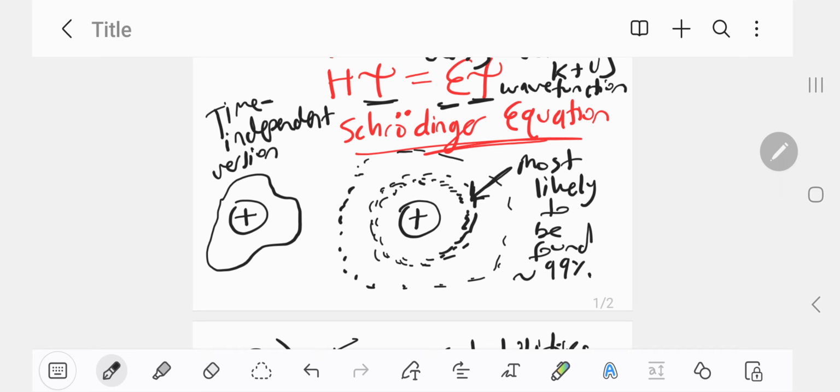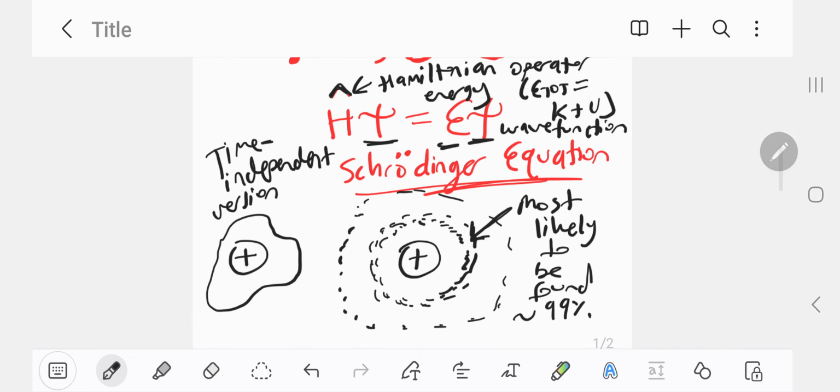Unlike de Broglie, who said that electrons are just waves, Schrödinger said no, they're not just any type of wave, they're probability waves. So think of the wave function psi as being like a map that tells us where the electron is most likely to be. And E is the energy of the electron, and H with a hat on top is like a special mathematical tool that adds up all the energies.